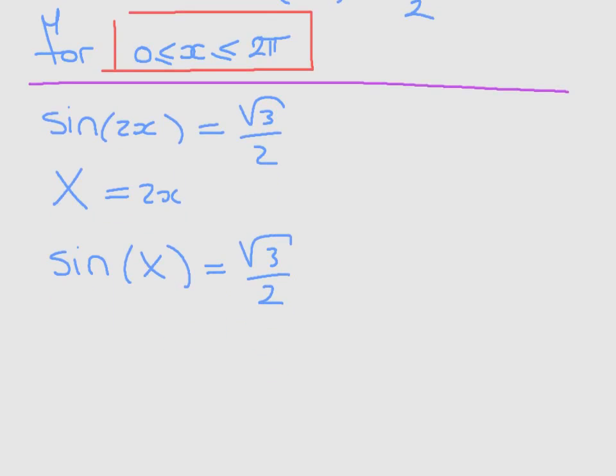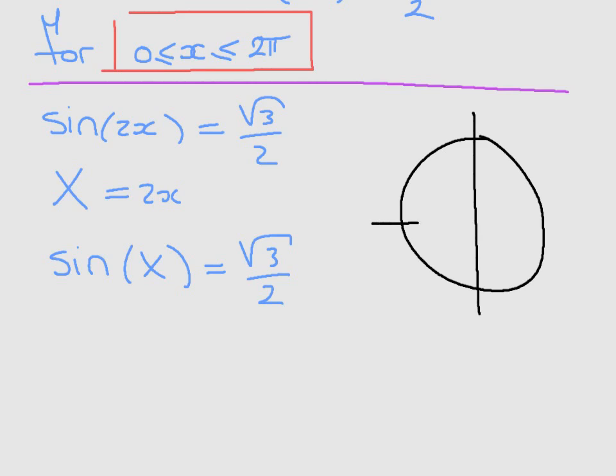By now you should know how to use a unit circle. And if I make a very rough sketch of a unit circle here, when sine of capital X equals root 3 over 2, remember, sine is the y-coordinate of a point moving around a unit circle. So square root of 3 over 2 is that y-coordinate here, and it's going to correspond to either one of these 2 points on the unit circle.